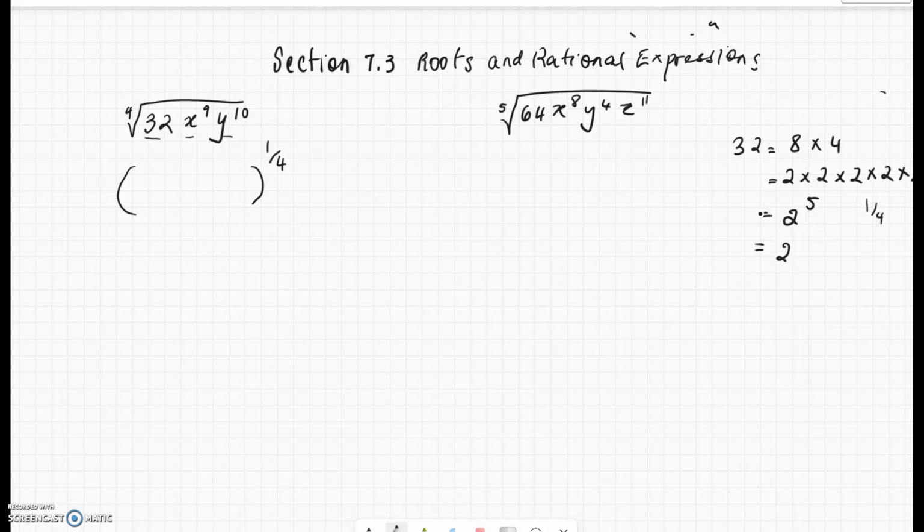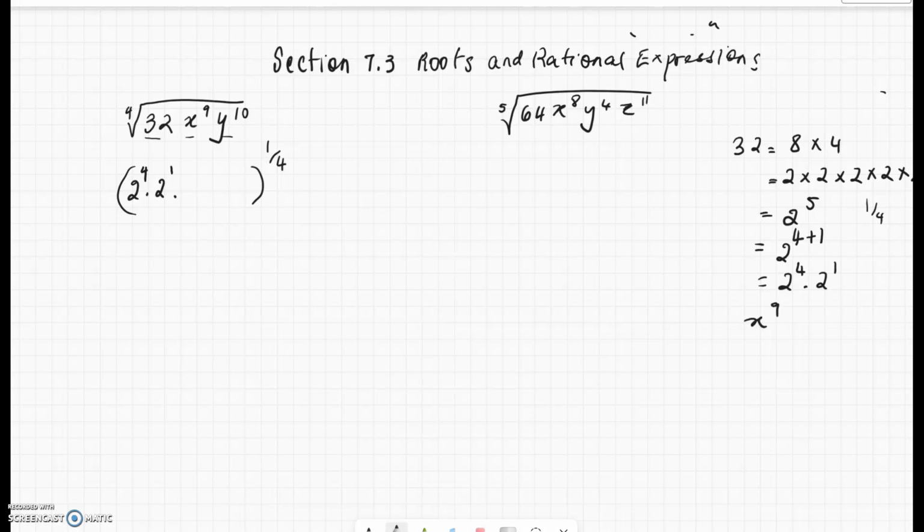So I'm going to write it as the largest multiple of 4 less than 5 plus whatever, because 4 plus 1 is 5. Now this is the same as 2 to the 4th times 2 to the 1.